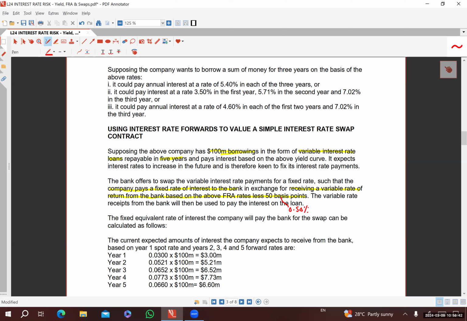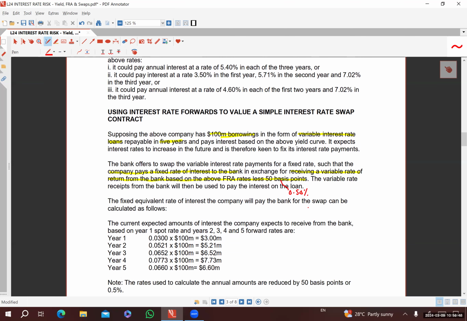The variable rate received from the bank will then be used to pay the interest on the loan. So the company will pay fixed rate to the bank, receive floating rate from the bank, FRA less 0.5%.